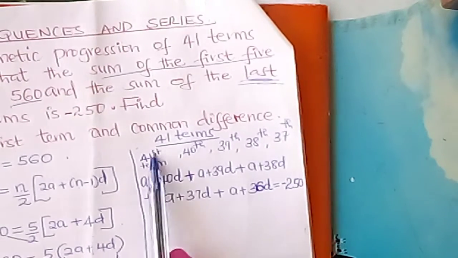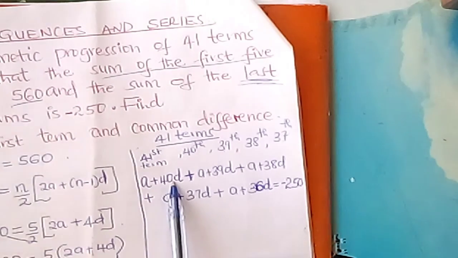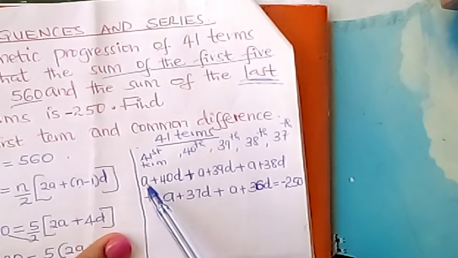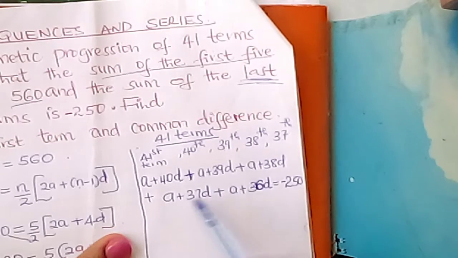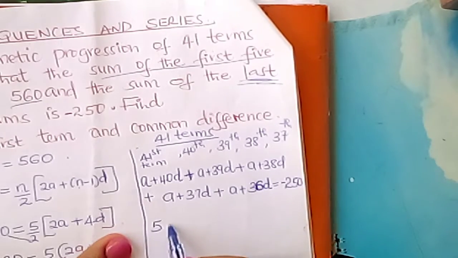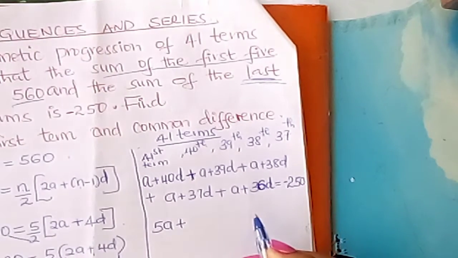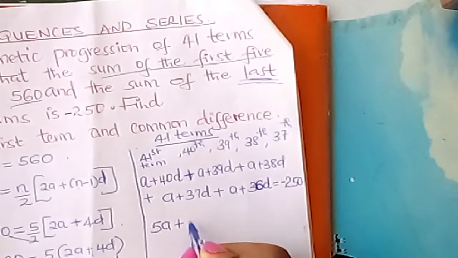Adding all the terms, expressing all the terms in terms of a and d. From there, learner, you bring your a's together. How many are there? 5 a's. You bring the d's together, and you'd get 190.